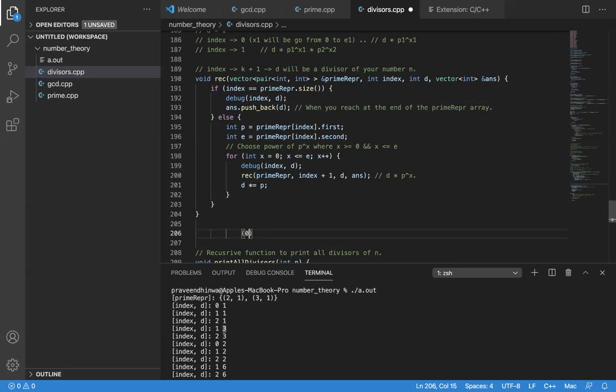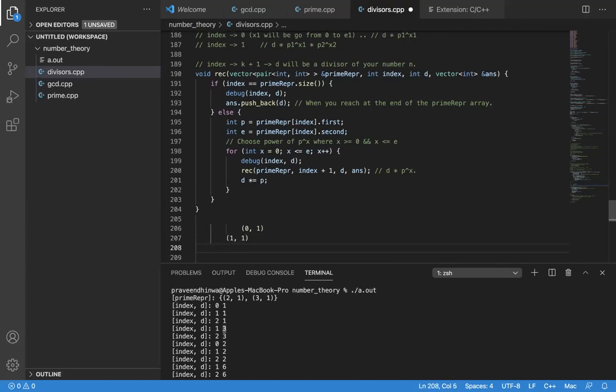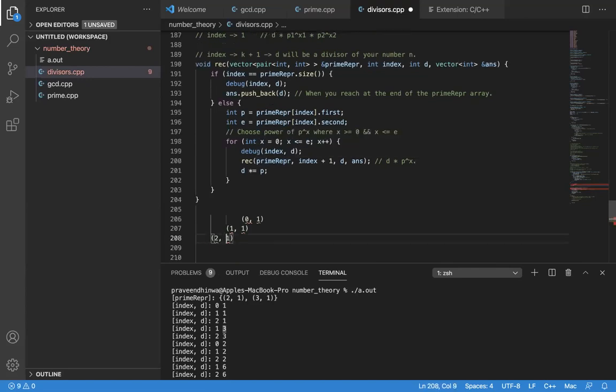So index is equal to 0 and d is equal to 1. Then you go to index equal to 1, d is equal to 1. Then you go to index equal to 2, d is equal to 1. At this point, you would say that 1 is your divisor. Fine. Let's do this now. What are the other cases from 0, 1?